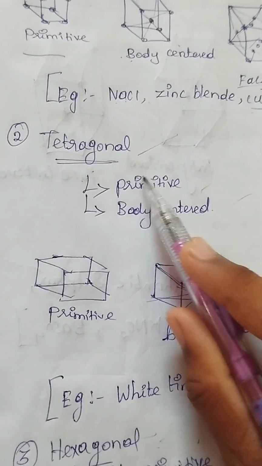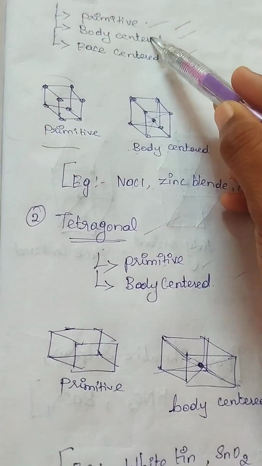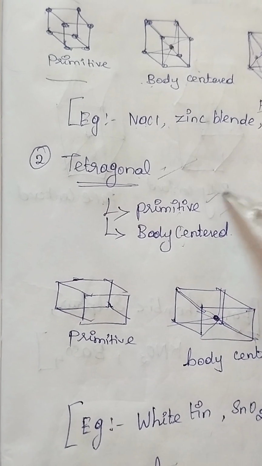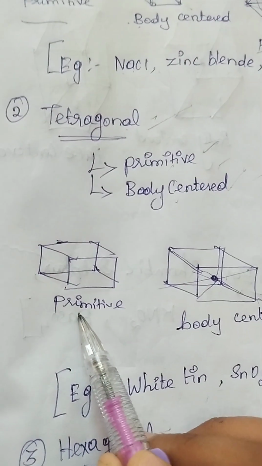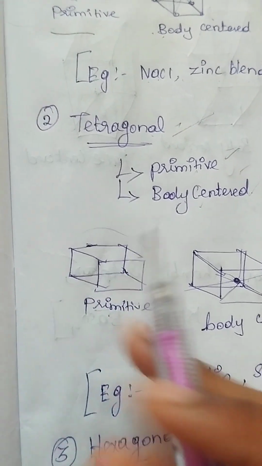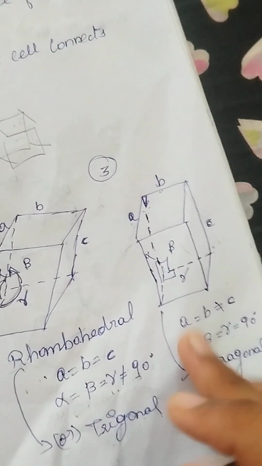Remember this: in cubic there are three types. In tetragonal there are two types, primitive and body center. Primitive is the simple thing. Like what we are seeing here, for tetragonal you have to draw this primitive first.